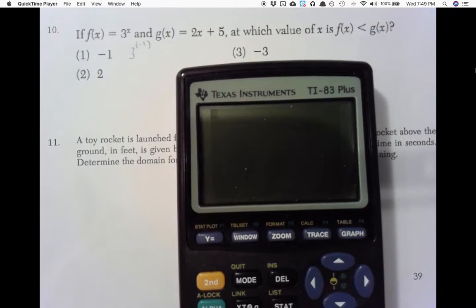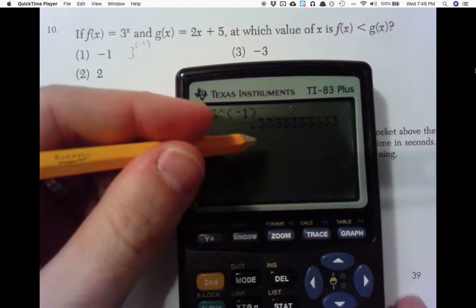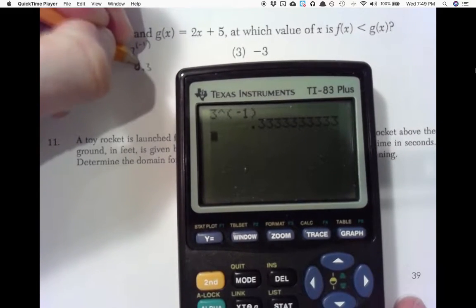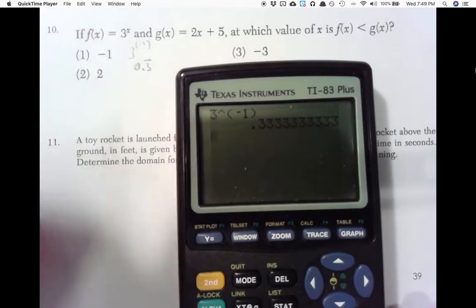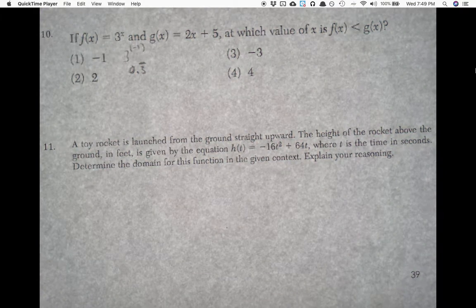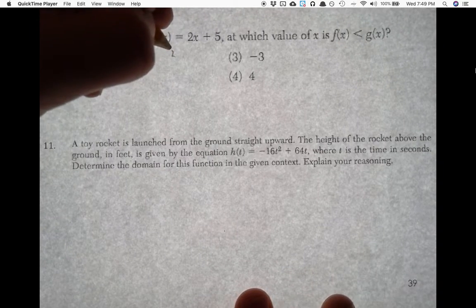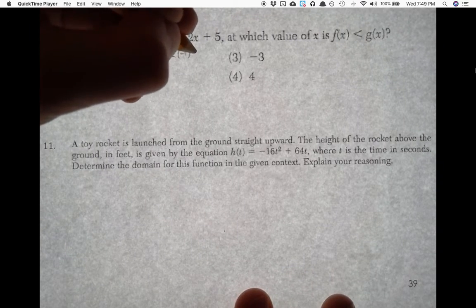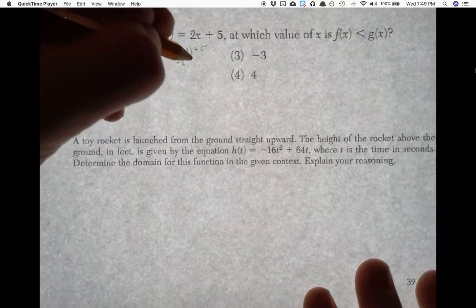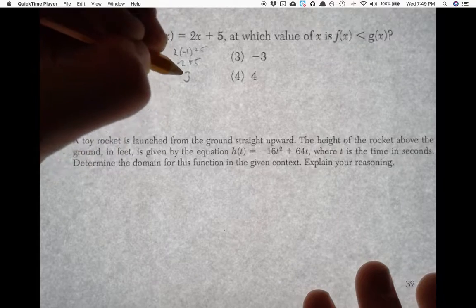Sorry, I don't have the fancy calculators right now. 3 to the power of negative 1 is 0.3 repeating. And then let's try out this other one. For g of x, it's going to be 2 times negative 1 plus 5. 2 times negative 1 is negative 2, plus 5 is 3.